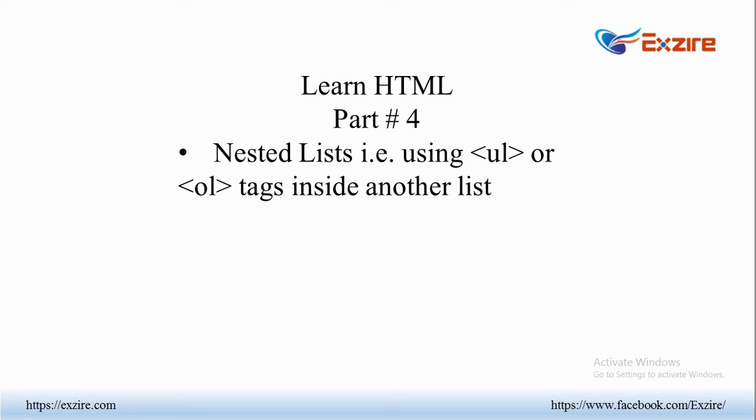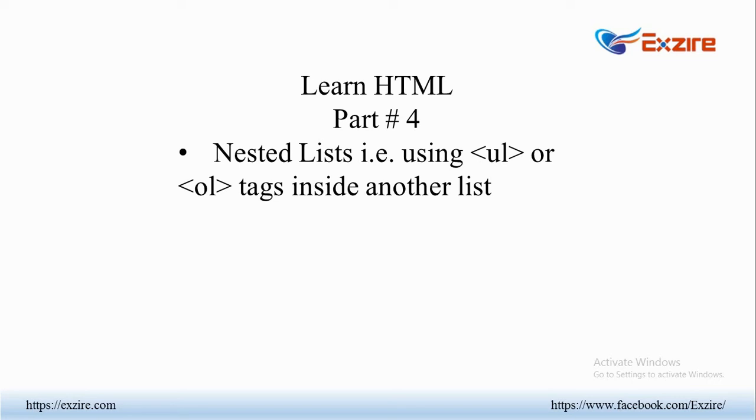Now within the document, if we are using multiple tags, say heading tag or font tag or any other tags within the other tag, meaning before the ending of the tag we have started, we call it nesting of the tags. So today we are going to learn about nesting of the list tags, UL and OL tags.